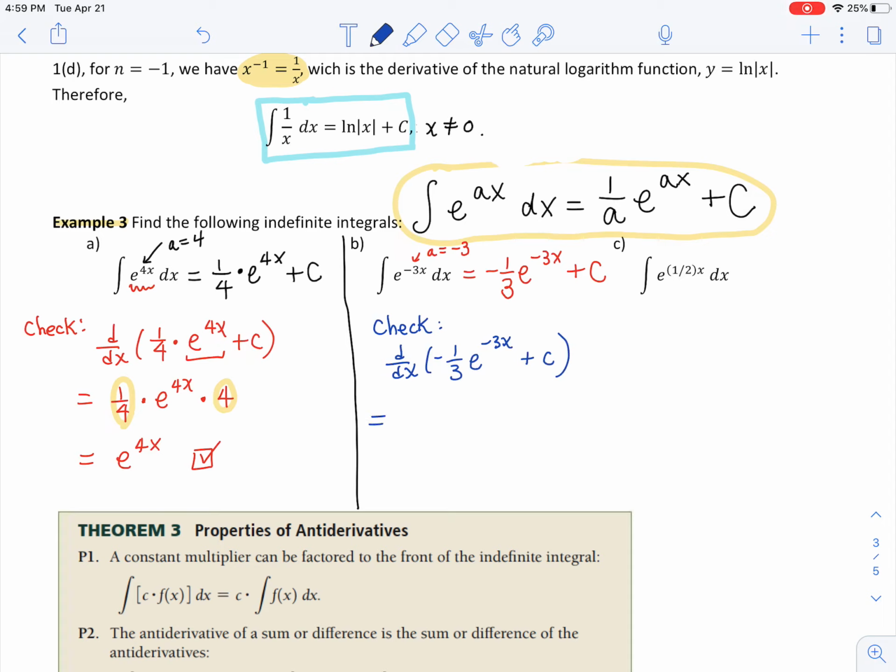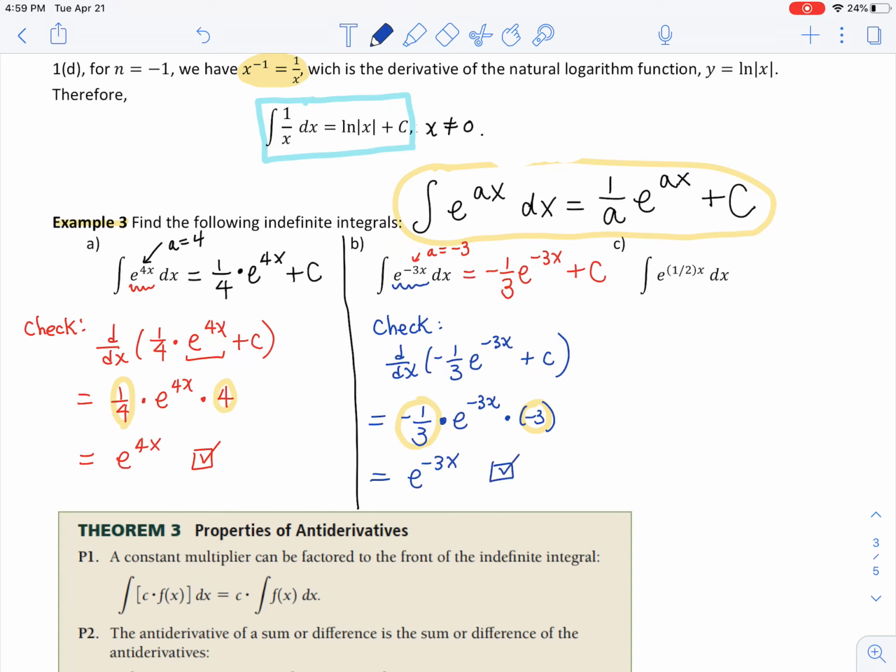It's a great review of taking exponential derivatives. What is the derivative of -1/3 e to the -3x power plus c? All right, I'm going to keep that -1/3 right there. Write down e to the -3x and multiply this by the derivative of -3x, which is -3, and plus 0.